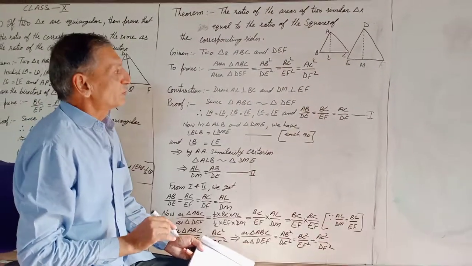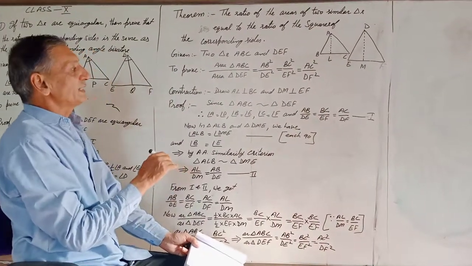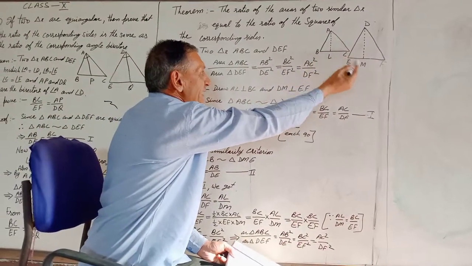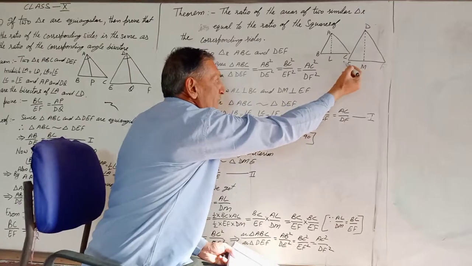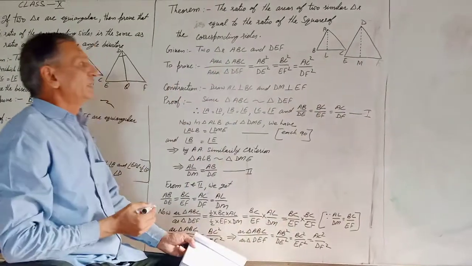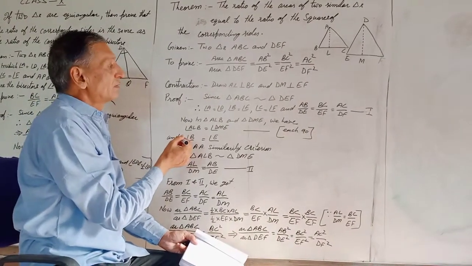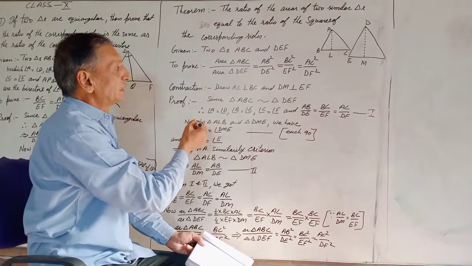We will have to draw the construction, that is we have to draw AN perpendicular on BC and DM perpendicular on EF. Now let's start the proof.